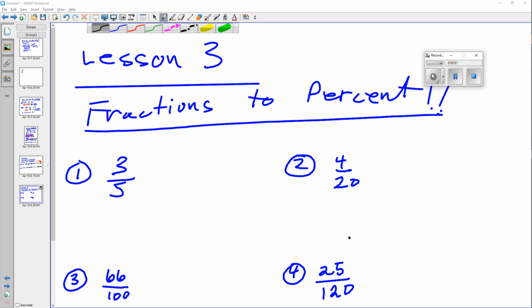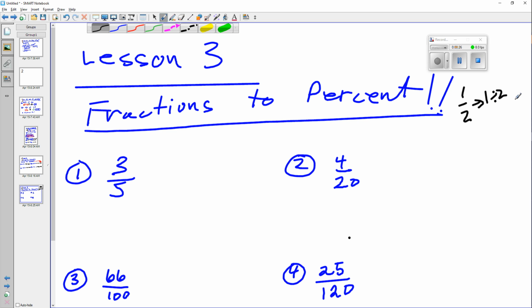For lesson 3, what we're going to study is fractions to percents. Now, in order to convert a fraction to a percent, we have to look at what this fraction overall means. If I have 1 over 2, that really means 1 divided by 2, right?